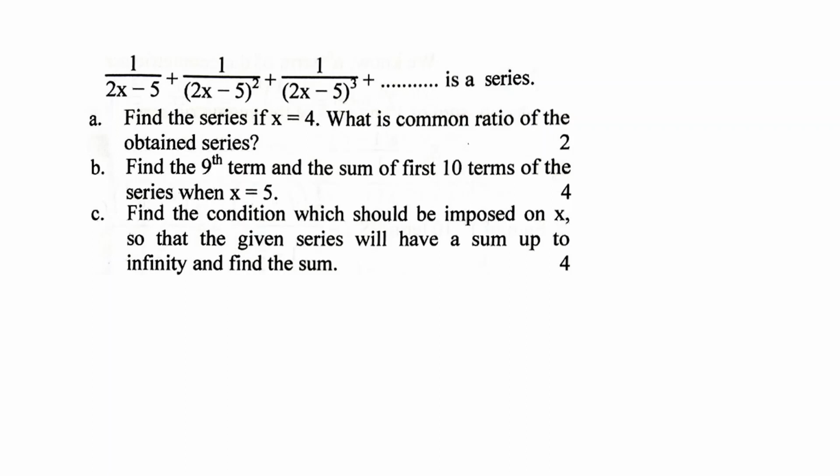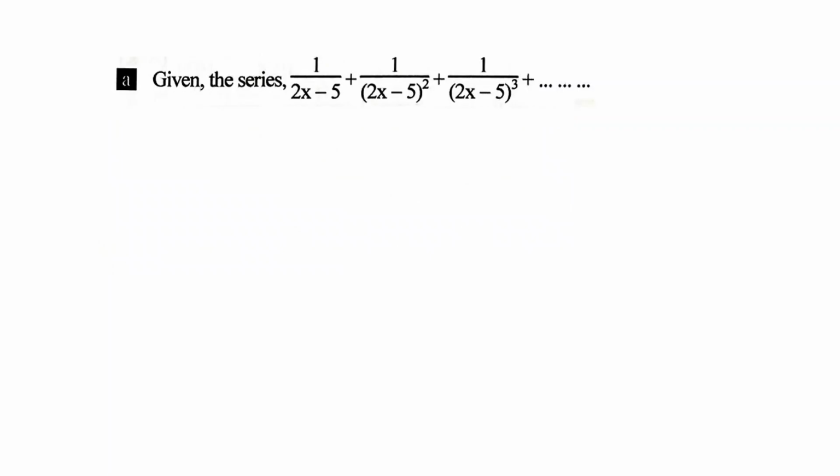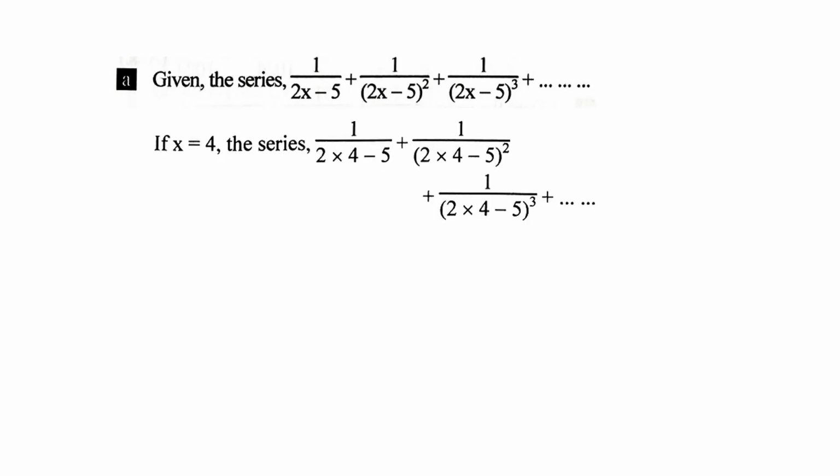Now, solution of first question. Here, the given series is 1 by 2x minus 5 plus 1 by 2x minus 5 whole square plus 1 by 2x minus 5 whole cube plus infinite. If x equal to 4, putting the value of x in here, we get this term.